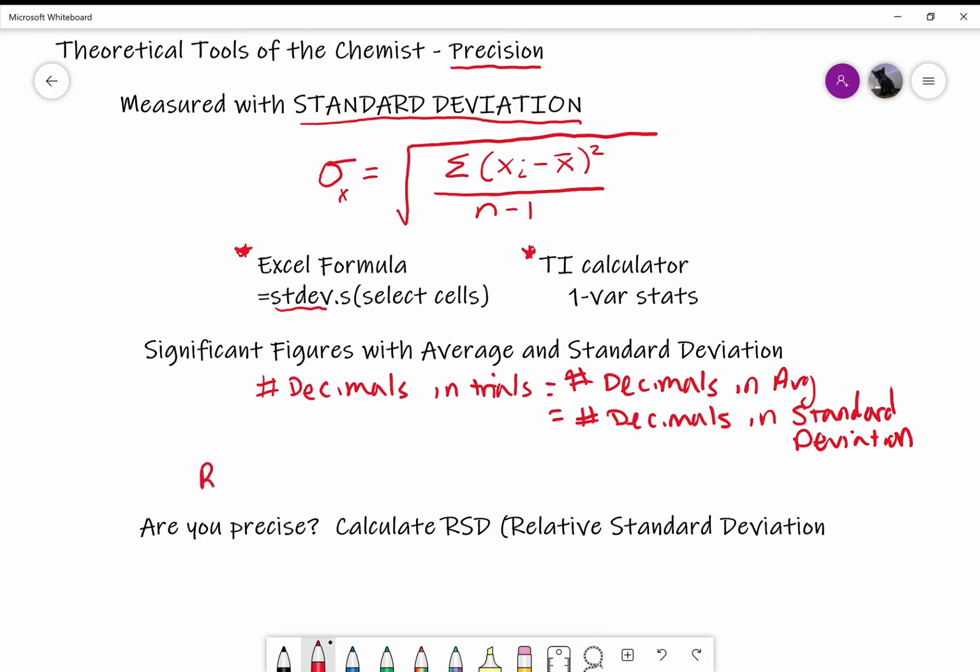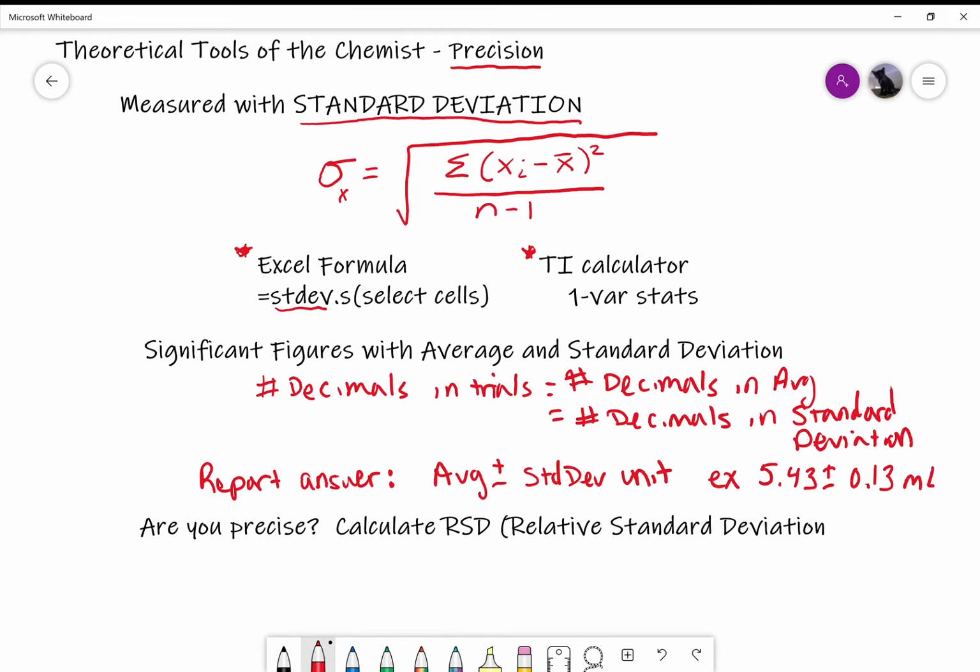When you report your answer, you always report your answer as your average plus or minus your standard deviation and then the unit. So for example, if my average was 5.43 milliliters and my standard deviation was 0.13, then I'd report my average 5.43 plus or minus my standard deviation 0.13 and then my unit.